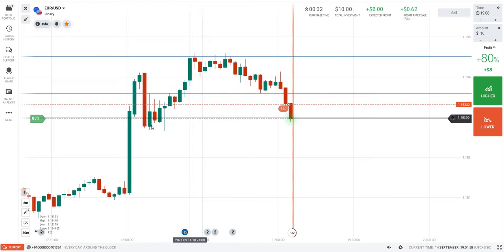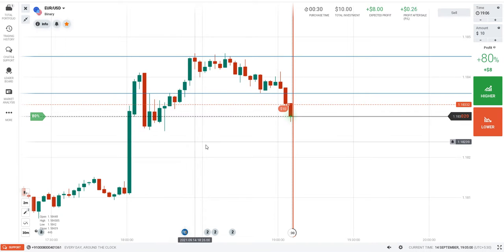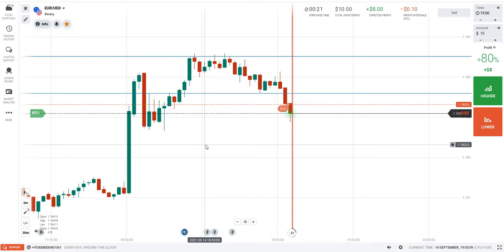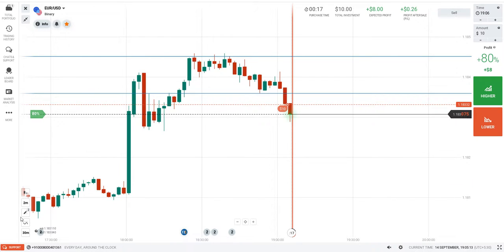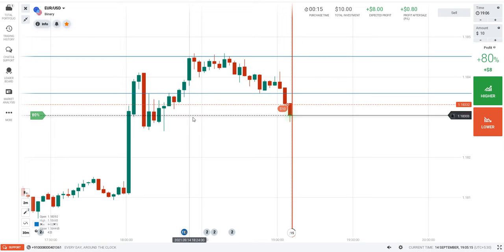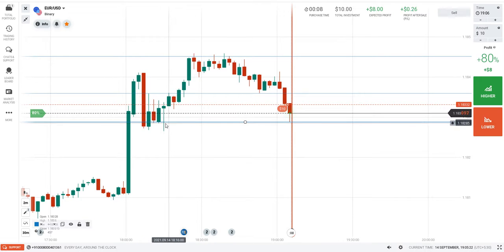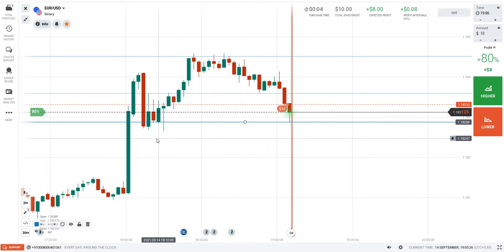So let's see. I'll take one more trade and I'll finish the video. So here I think there is a buyer's entry from this area, as expected. As you can see, this is a strong buyers area giving rejections.